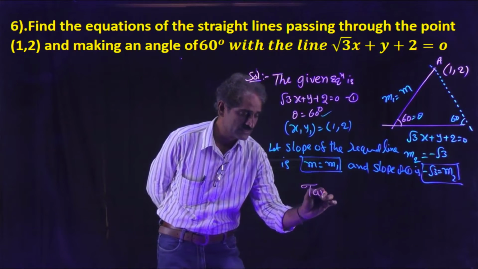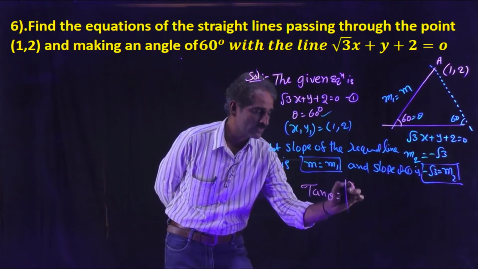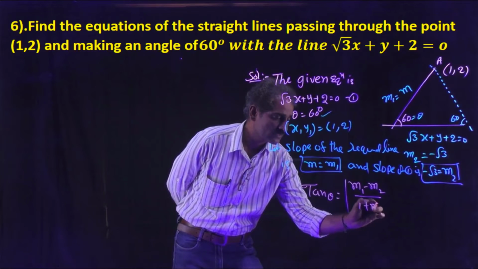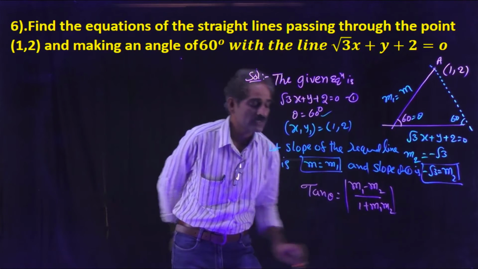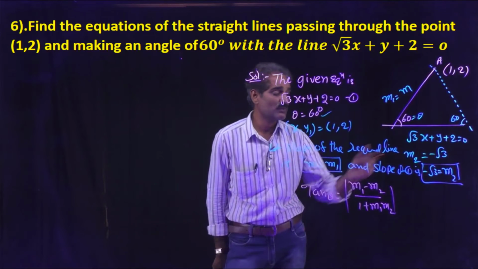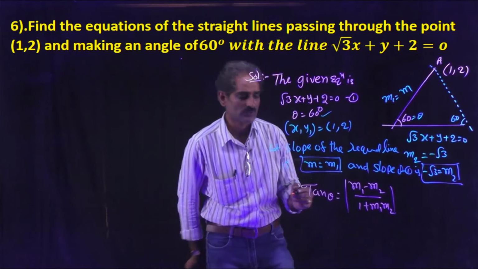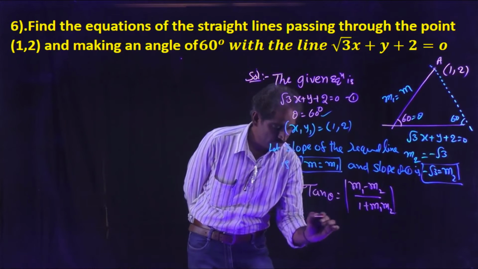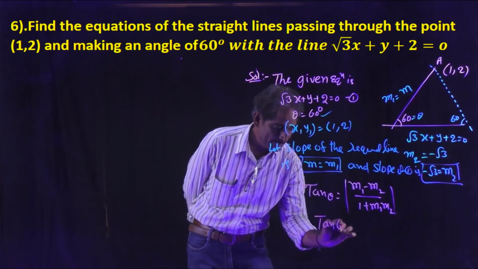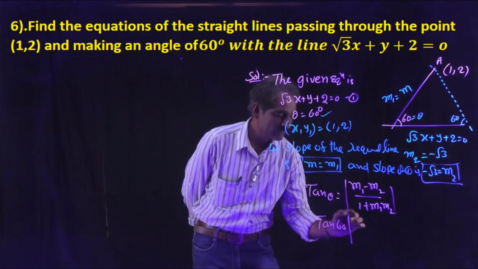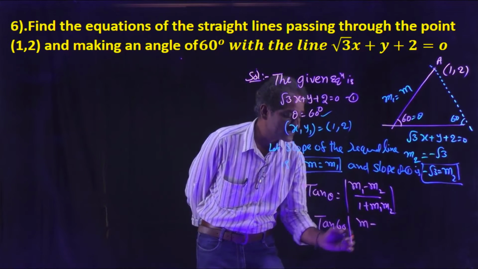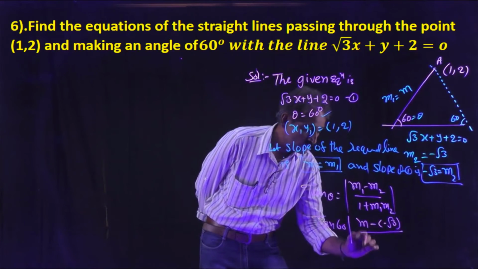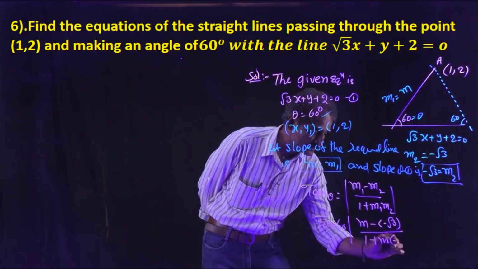Now apply the tan theta formula. Tan theta is equal to modulus of (m1 minus m2) by (1 plus m1 m2). Here theta equals 60, m1 is equal to m and m2 is equal to minus root 3. Just substitute the values. So tan 60 is equal to modulus of (m minus (minus root 3)) by (1 plus m into minus root 3).